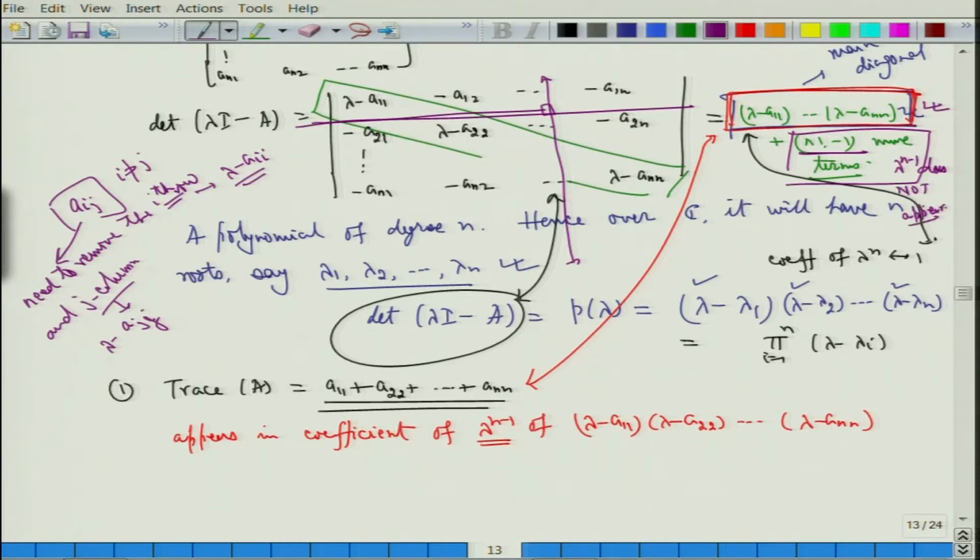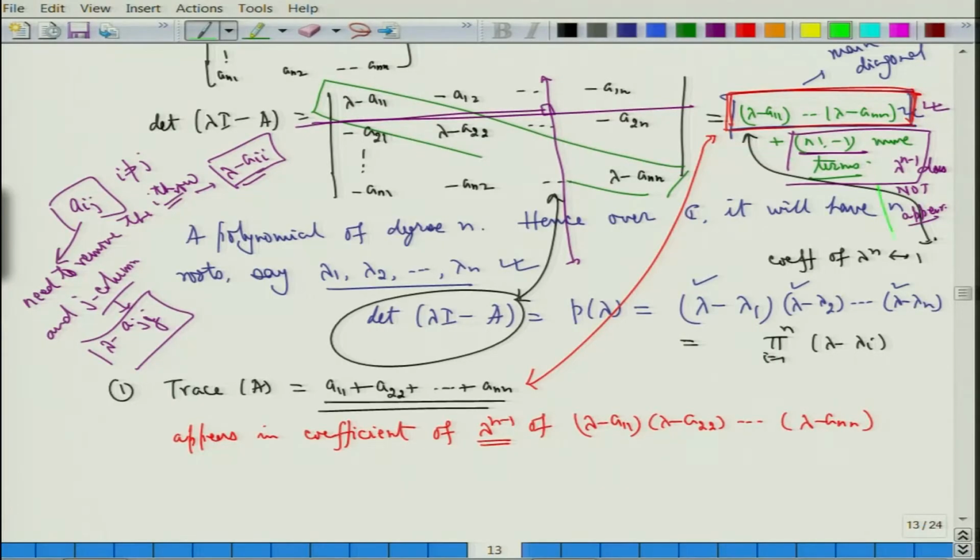Why? Basically because I will get some aij, and there I know that i is not equal to j, there will be at least one term aij with i not equal to j, and that will get rid of lambda minus aii as well as lambda minus ajj, and therefore, there will be only lambda to the power n minus 2 terms, at most lambda to the power n minus 2 terms.